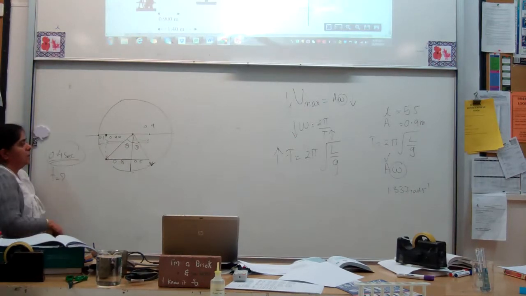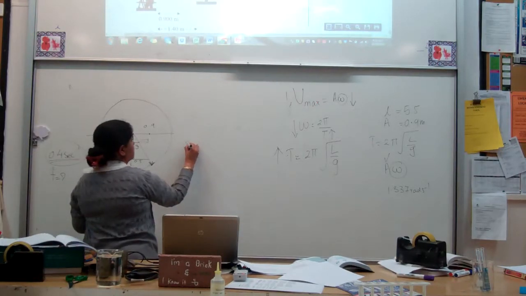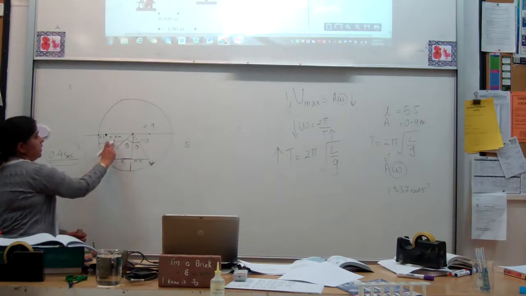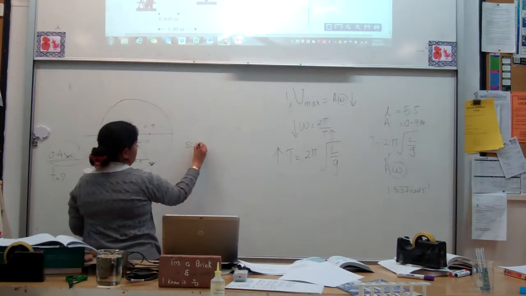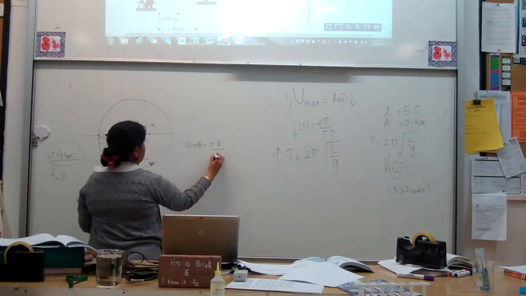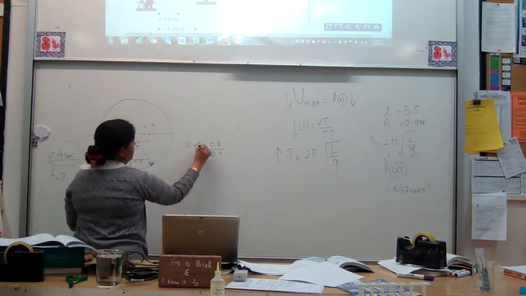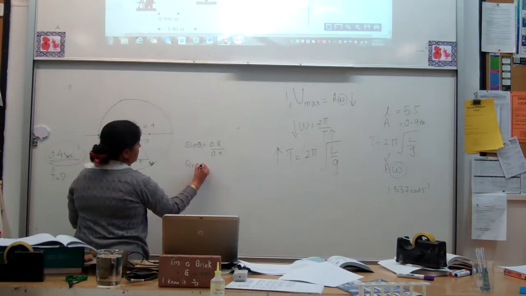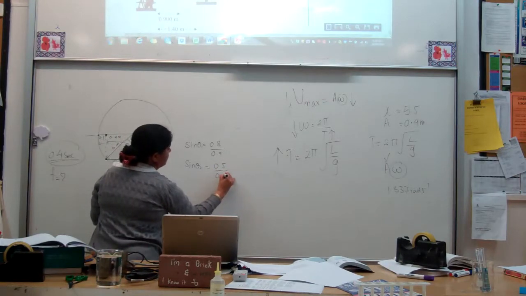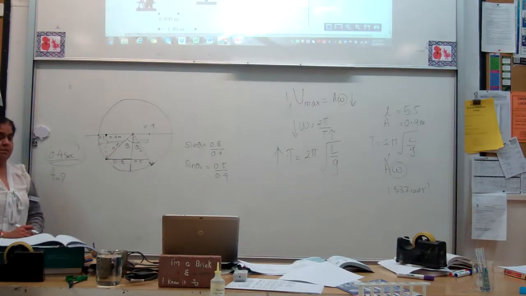So how do I get theta there? Is it sine theta or cos theta? Which one do we have to use? Opposite over hypotenuse: sine theta is opposite, and the hypotenuse is the amplitude, 0.9. And the other angle: sine theta 2 is 0.5 divided by 0.9. So can we work out theta 1 and theta 2? Yes?